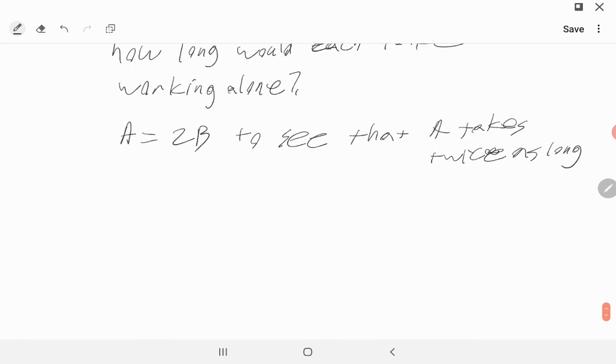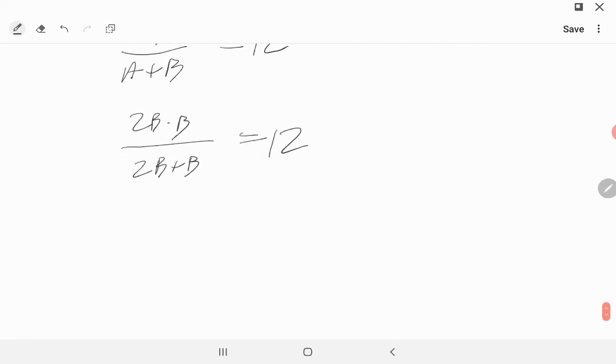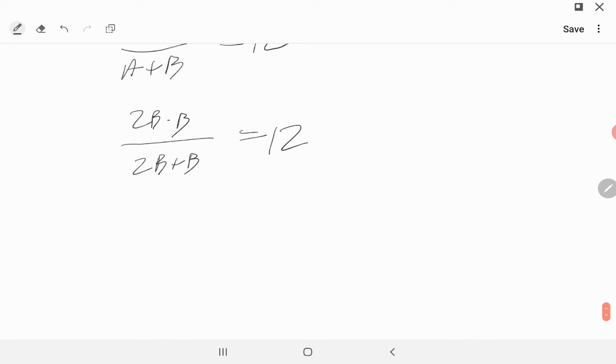And so we find out that we're going to get that A times B divided by A plus B equals 12, but we can replace A with 2B. So we're going to get 2B times B divided by 2B plus B equals 12. There are several ways we could do this. We could multiply both sides by 3B.